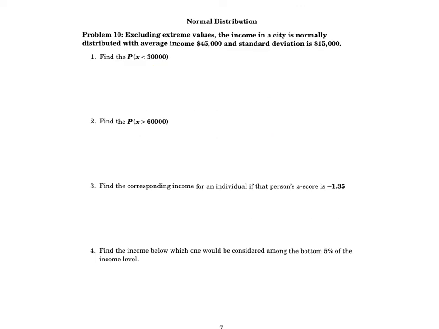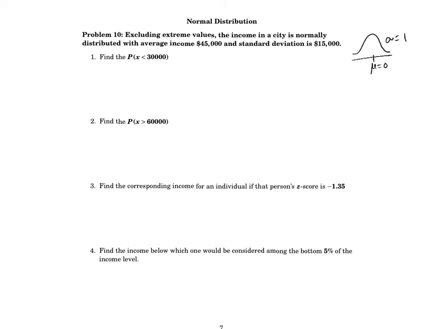Now let's talk about the all important normal distribution, a very important concept. Just to remind you, normal distribution or bell shape or Gaussian distribution is this shape, but when the mean mu is equal to 0 and standard deviation is equal to 1, this becomes the standard normal distribution.